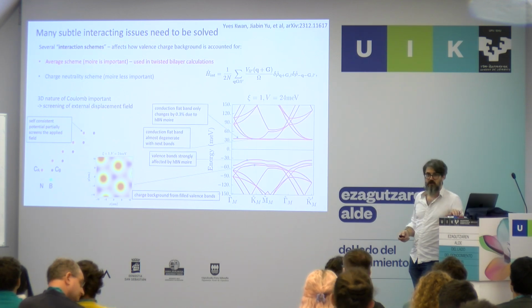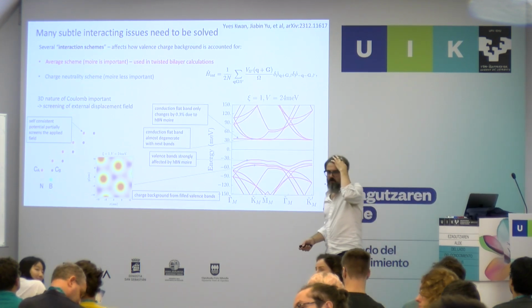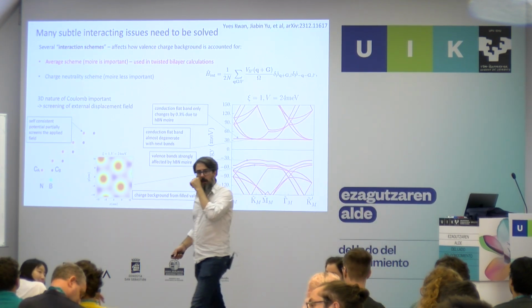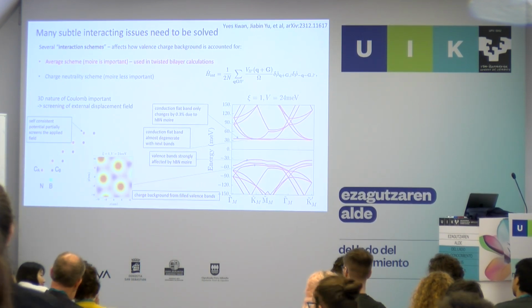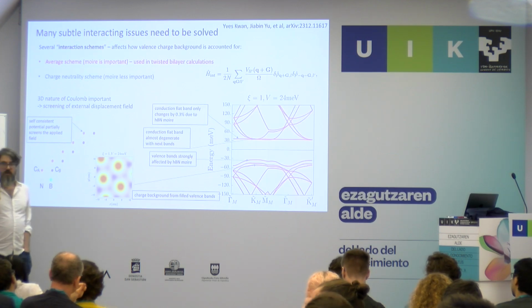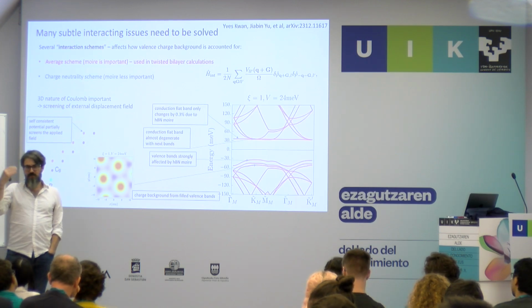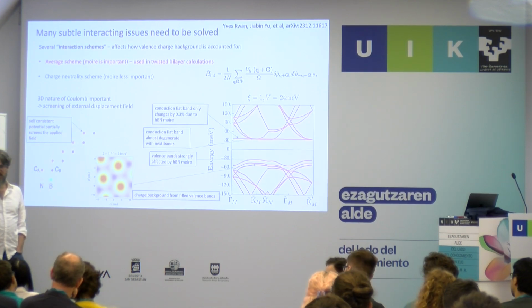Any questions? So how do you like, you seem to have two schemes and you're sort of adding them both together? No, so we do calculations with both of these schemes. So choosing which scheme you work on is actually a long-standing issue in many body, at least in gapless systems, right?